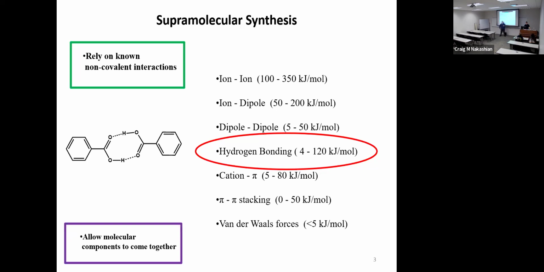You see this range of 4 to 120 kilojoules per mole of energy. And as you can see in that interaction, the little dotted lines are our hydrogen bonds that are keeping these benzoic acid molecules in close proximity to one another.